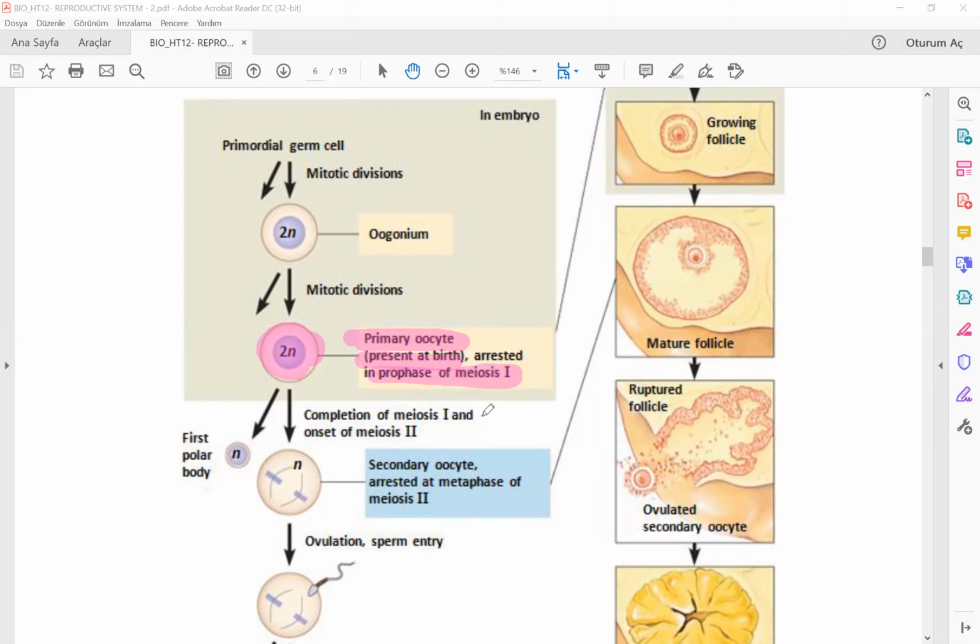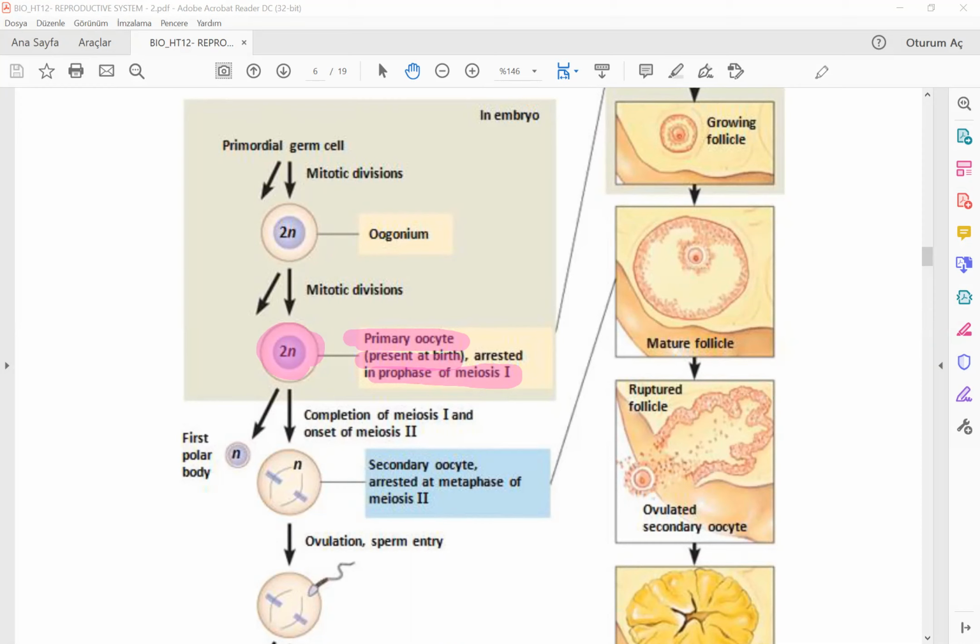of meiosis 1. And this primary oocyte waits until puberty, and during puberty, with the effect of some hormones, these follicles start to grow.